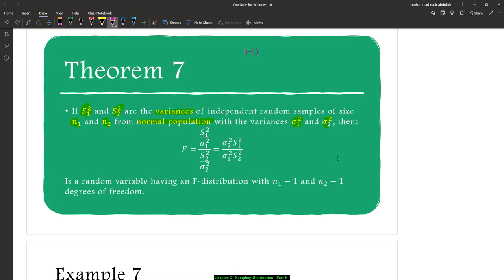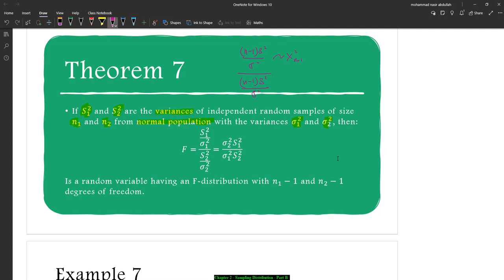N minus 1 S squared over sigma squared has a chi-squared distribution with N minus 1 degrees of freedom. So if we divide the same thing, you can derive this, provided N minus 1 is the same.